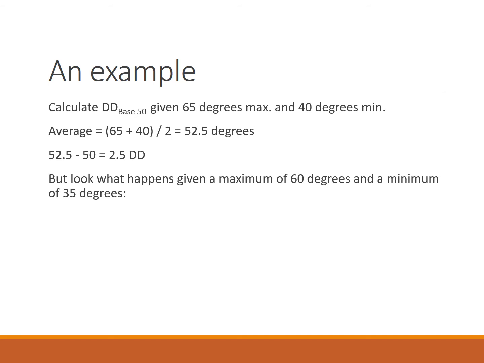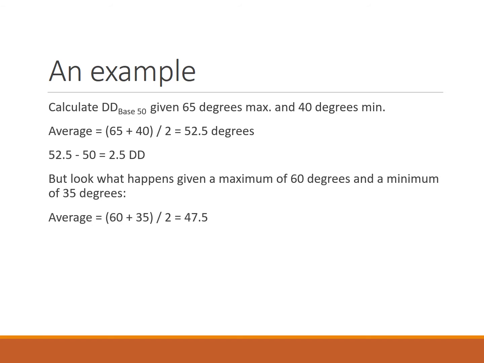Okay, here's another example. In this example, the high temperature was 60 degrees on this particular day, and the low temperature was 35 degrees. Again, if we take our high temperature of 60 plus our low temperature of 35 and add those together, we get 95.